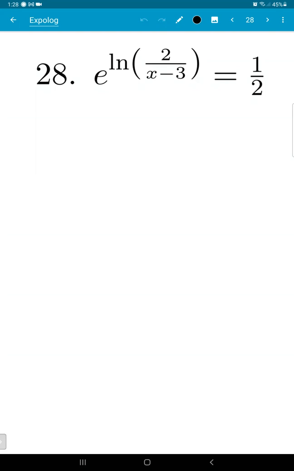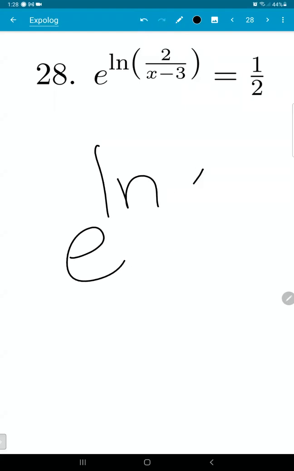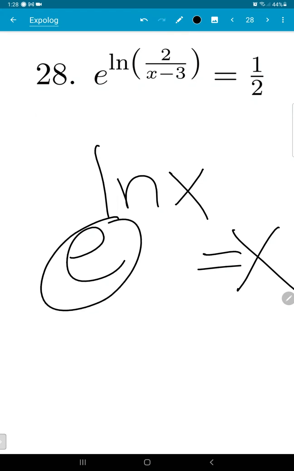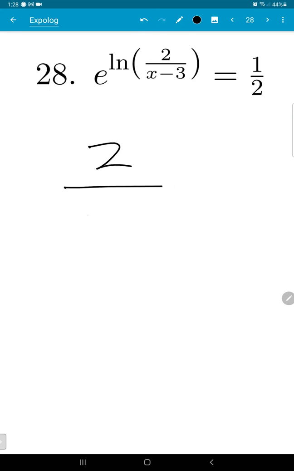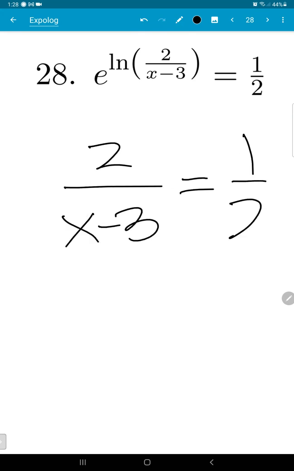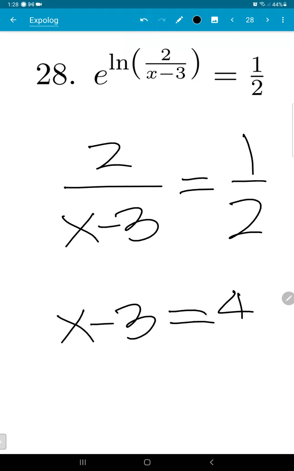So how does the left hand simplify? Just the input. And e to the ln of x is x. Don't forget this. The input is x. Get the logarithm of it, base e. Then you raise e to that. You get back x. Okay. So cross multiply. x is 7.